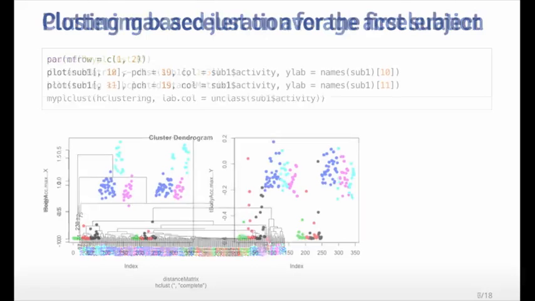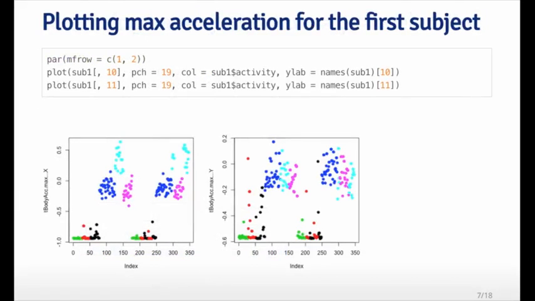Another thing we can look at is the maximum acceleration for the first subject. I'm plotting columns 10 and 11. Column 10 is the maximum body acceleration in the x direction, and column 11 is the maximum body acceleration in the y direction.